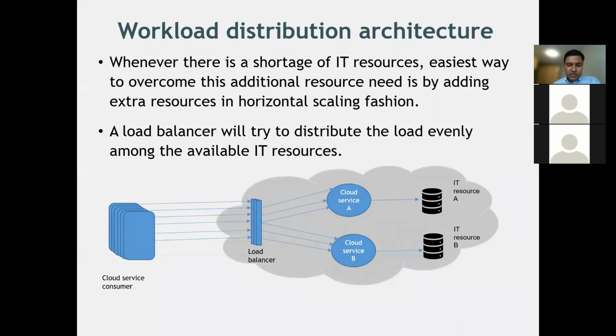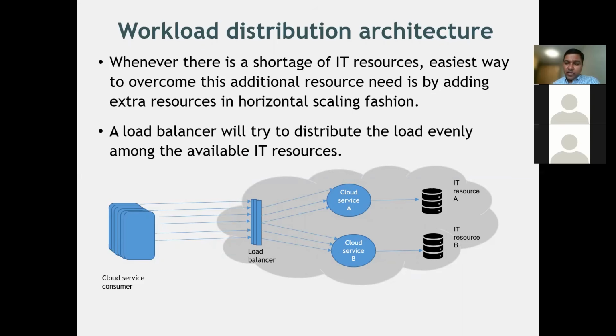Whenever different types of load come, a shortage of IT resources will happen. There are auto scaling and scaling-logic-based options in the cloud, and at that time the load balancer will try to distribute the load evenly. That is a basic rule.